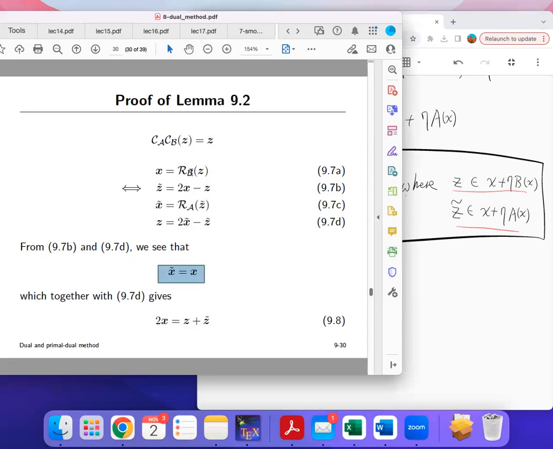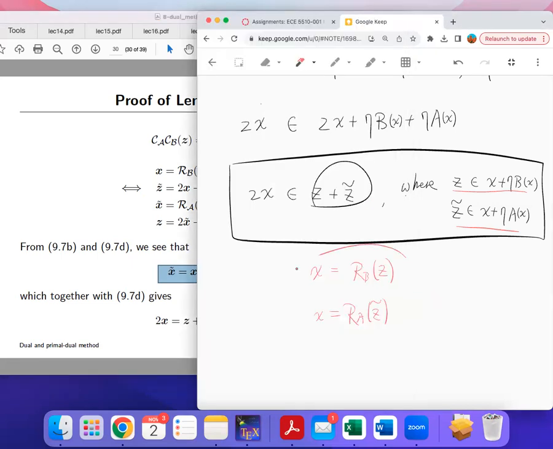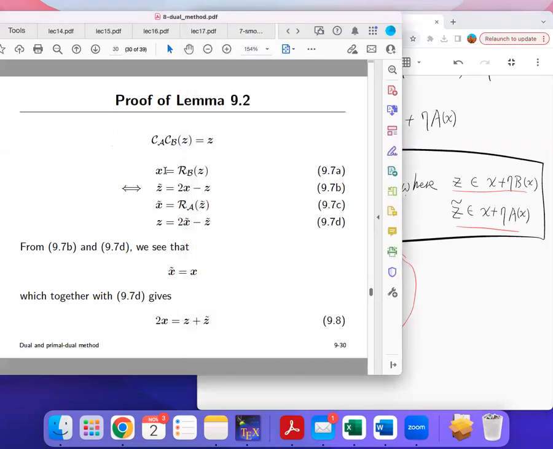So this is basically 9.7 A and C, which corresponds to these two equations: R_B z equals x and R_A z tilde equals x.